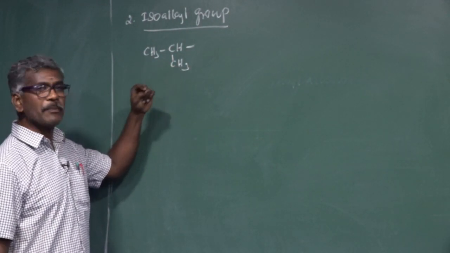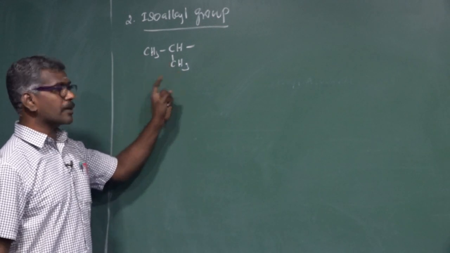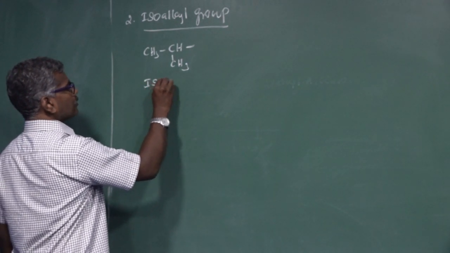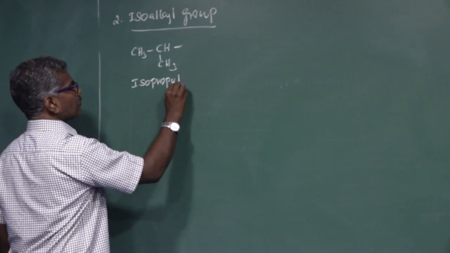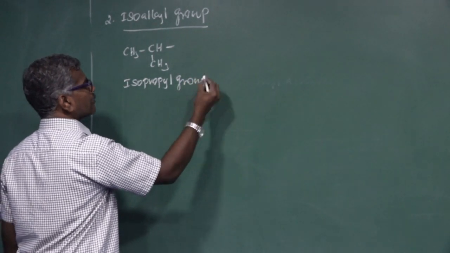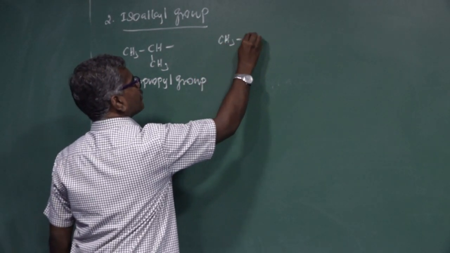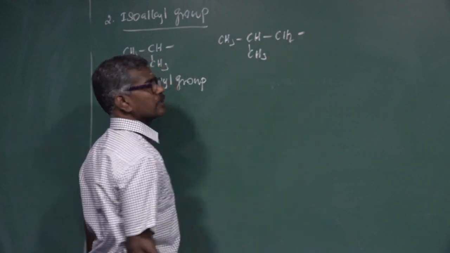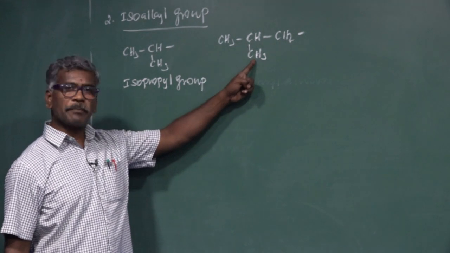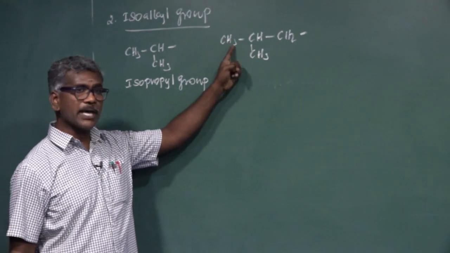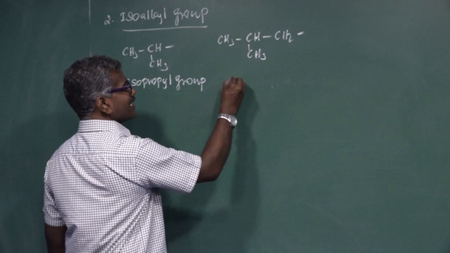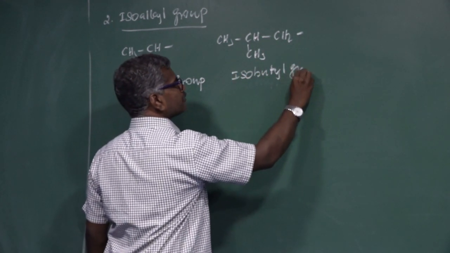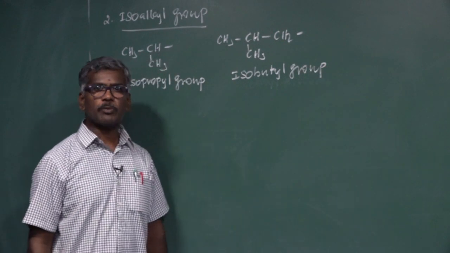One branch, first one same means iso. Totally how many carbons? Three carbons. So isopropyl group. Likewise, the second carbon has a branch. Totally how many carbons? Four carbons. This name is called isobutyl group.